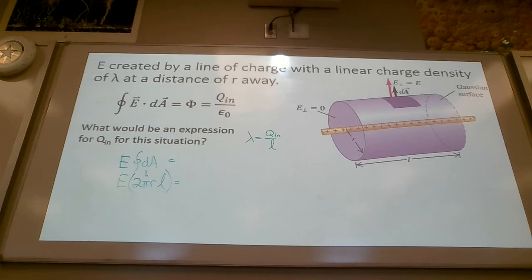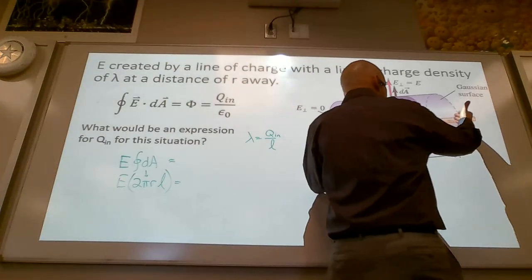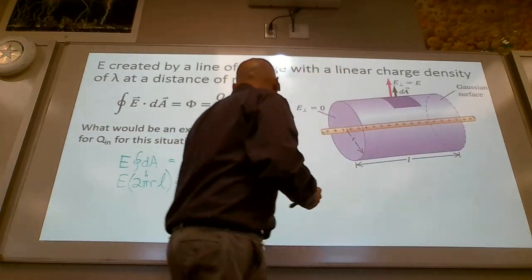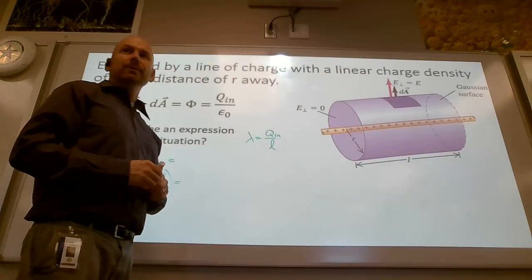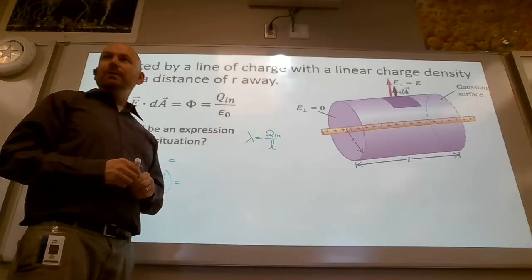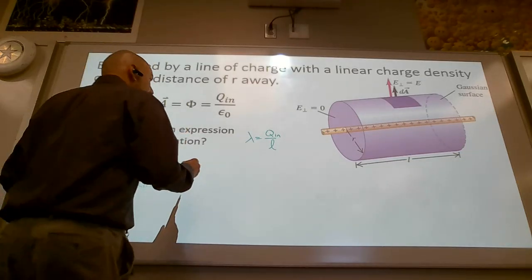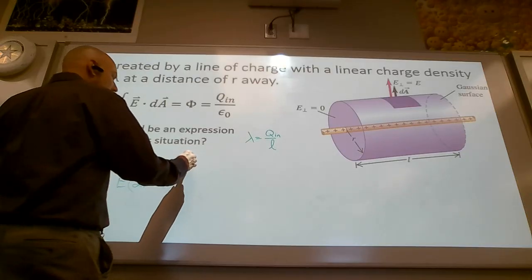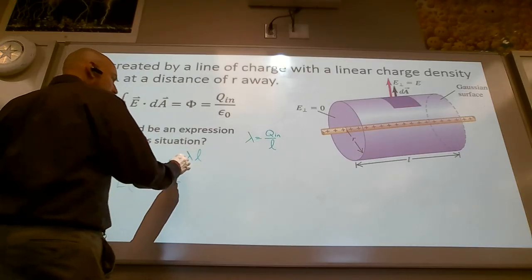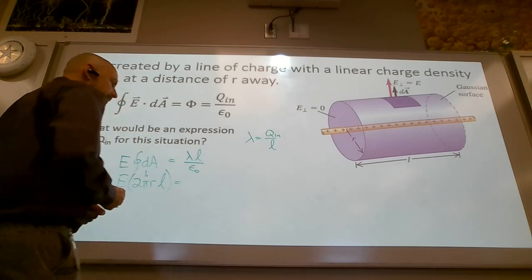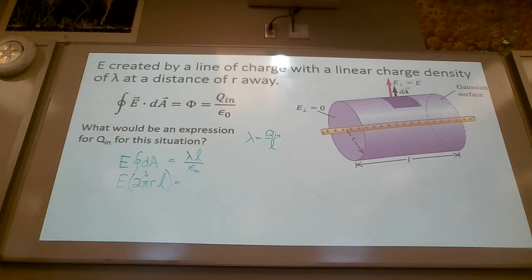But we just look at this ratio. We're going to express this certain amount of length has that amount of charge for that amount of length. So we can express that as lambda times L over epsilon naught. Does that make sense?